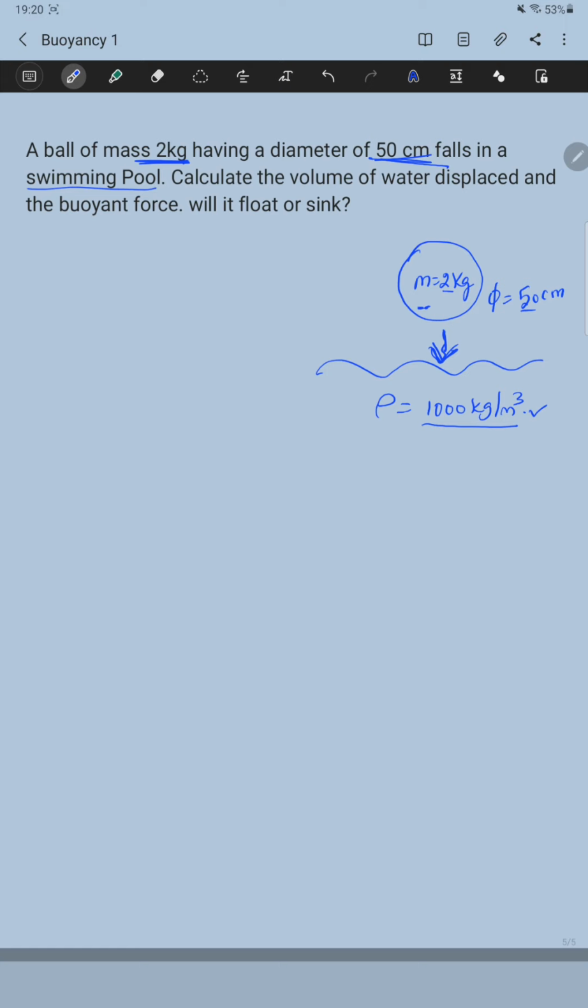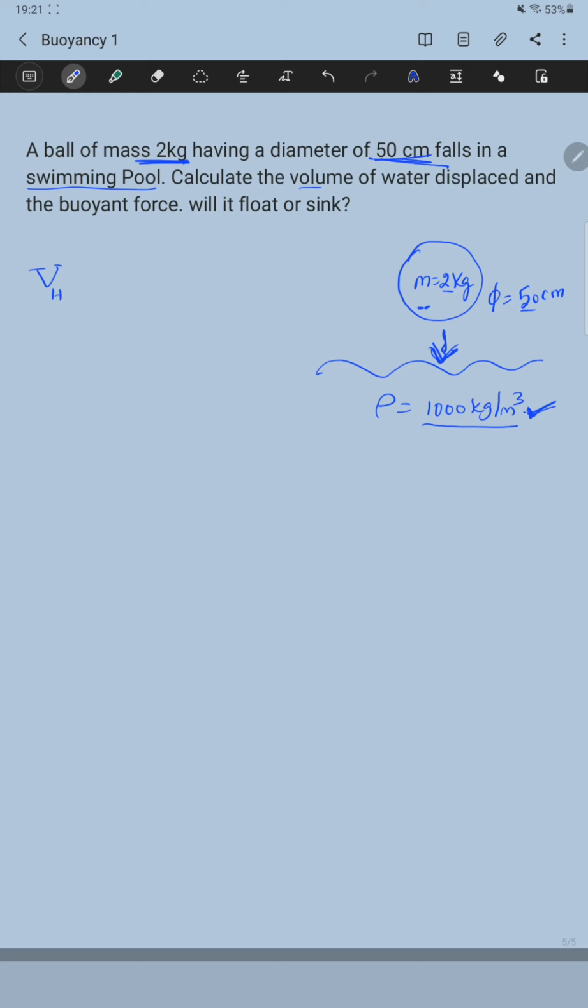Since it's a swimming pool, it's safe to assume that the density of water is 1,000 kilogram per meter cube. So, what are they asking us to calculate? They want us to calculate the volume of water displaced.